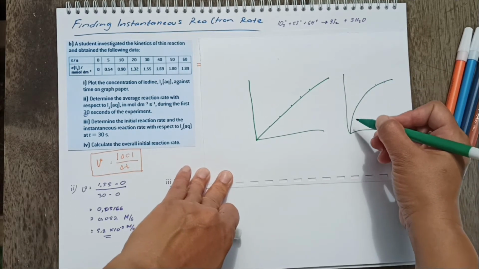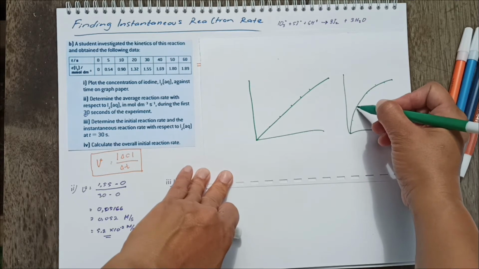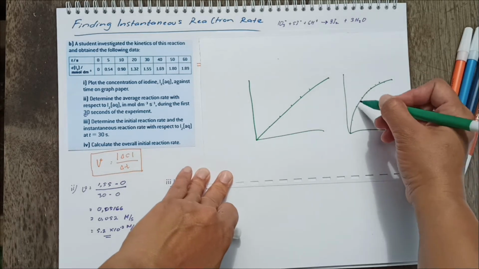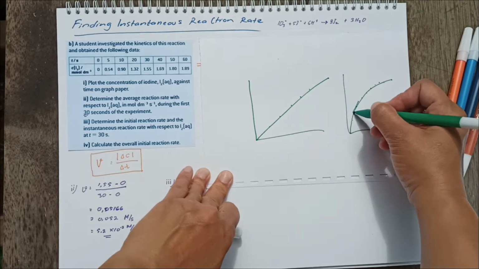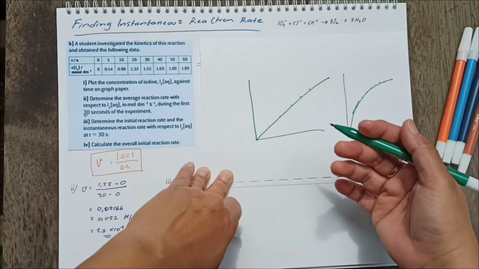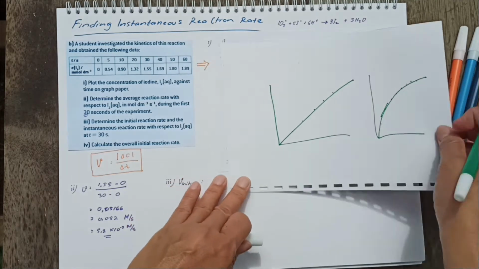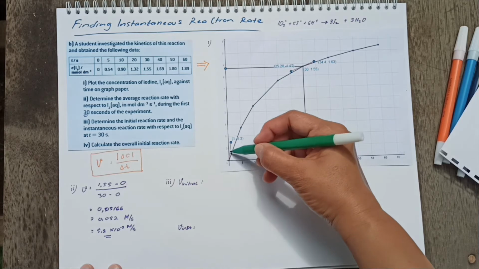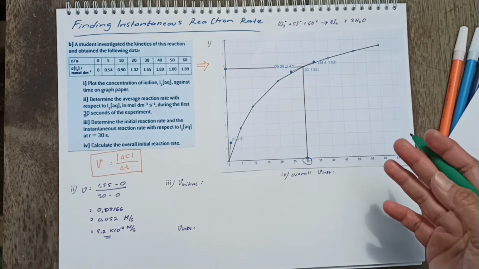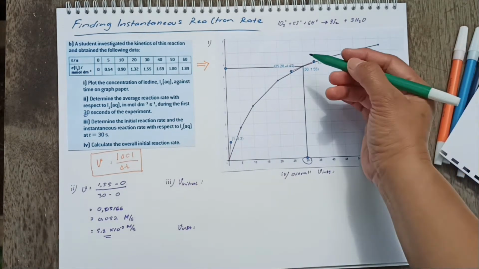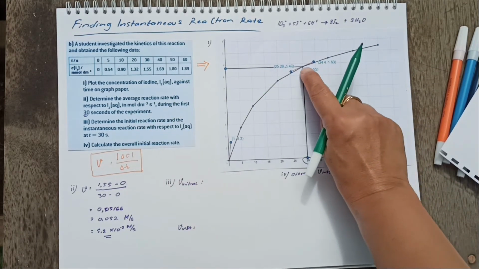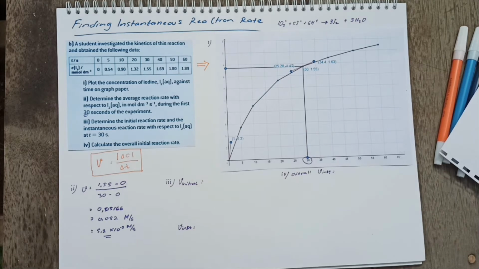So in order to find the specific rate at certain dots, you need to create a slope yourself, which we call a tangent line. So here is the initial, which is 0. So this is my tangent line. I can put it anywhere you like because the result will be the same. And then this is the instantaneous at 30 seconds, which is here. So we're going to calculate the initial first.